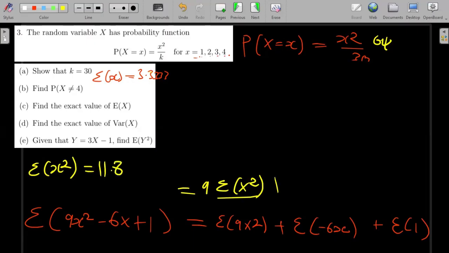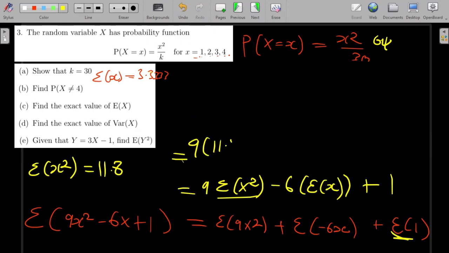And then minus 6 goes outside, so it will be minus 6 times the expected value of x, and then plus the expected value of a constant, which is always the constant itself, 1. So what we have there is 9 times 11.8 minus 6 times 3.333 plus 1.